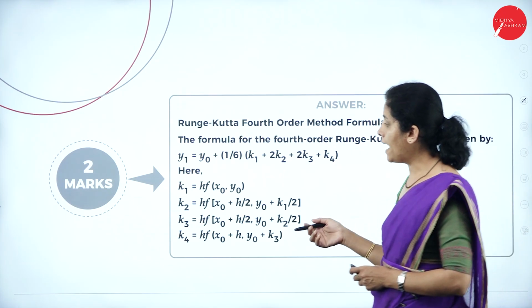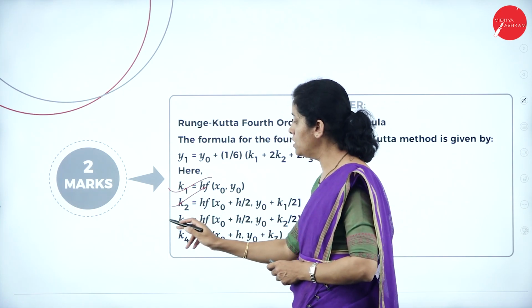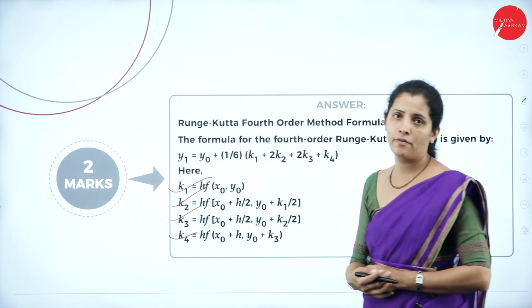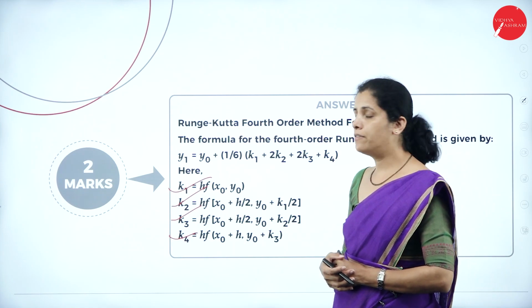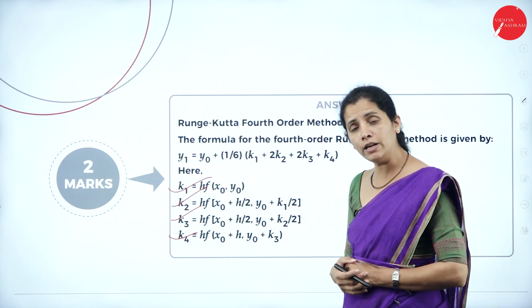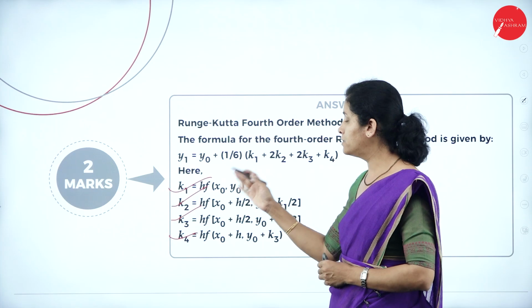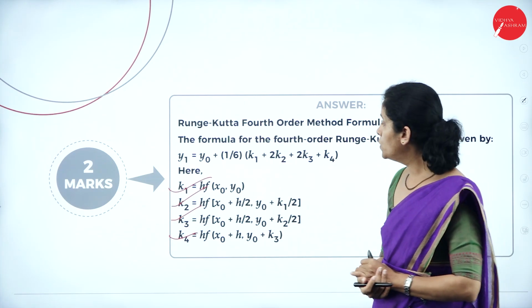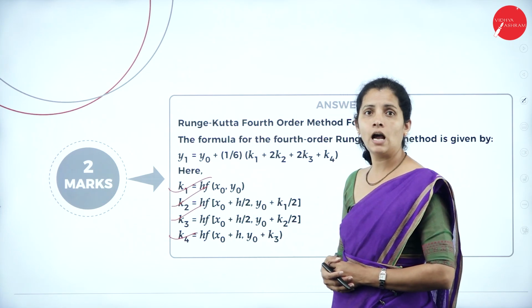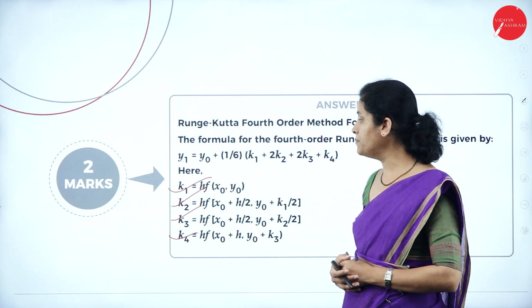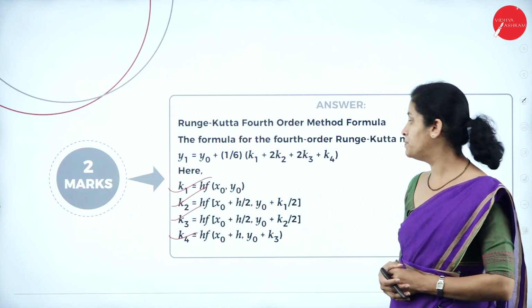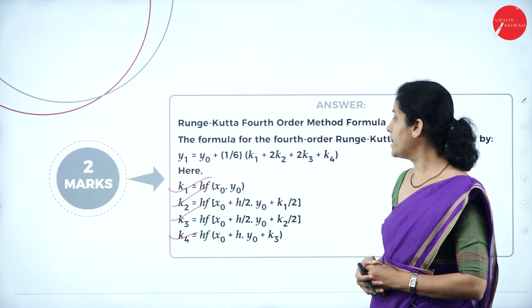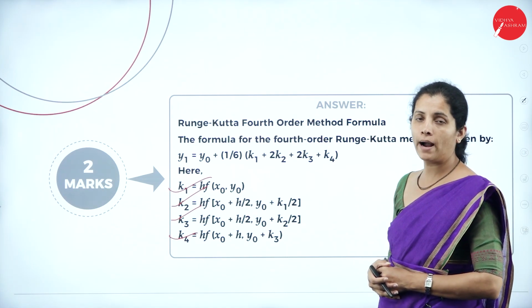So, here I have K1, K2, K3 and K4. What is K1? That is h into f(x0, y0). Then what about K2? Here K2 is nothing but h into f(x0 plus h by 2, y0 plus k1 by 2).